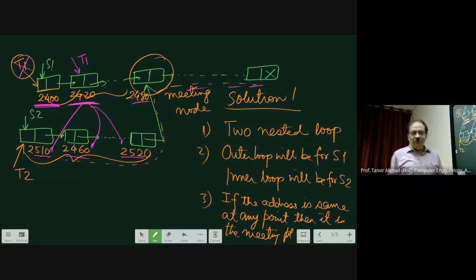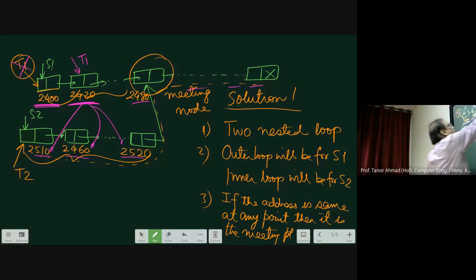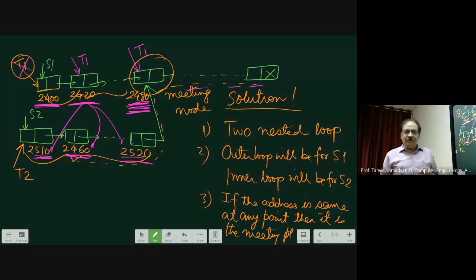Again, if it is not found, you are going to increment T1 to this place. Now I compare 2480 with 2510, then 2480 with 2460, then 2480 with 2520, then 2480 with 2480, because now T2 will move to T1, and then I find that the address of T1 and the address of T2 is same. It means that 2480 is the meeting node.